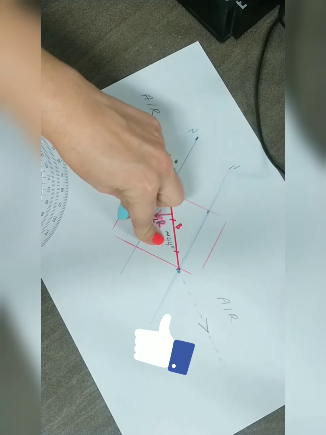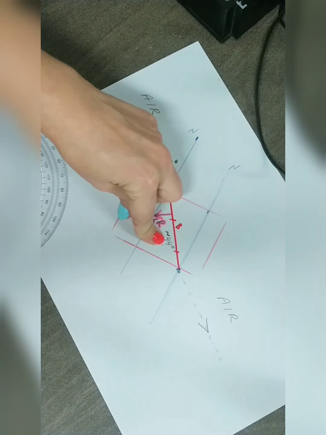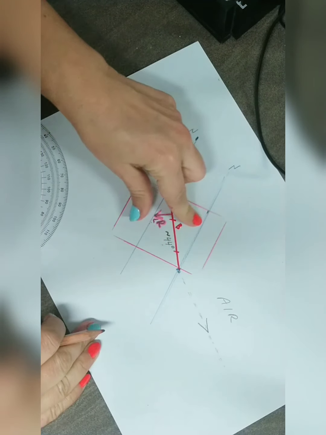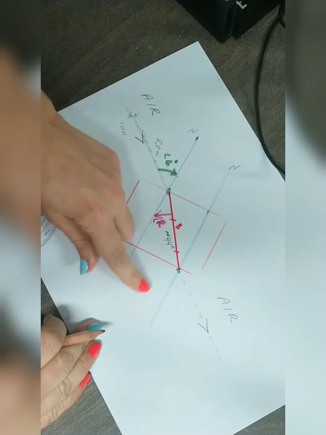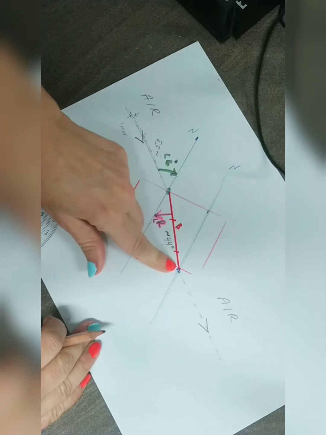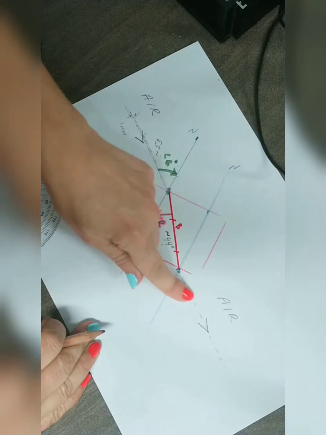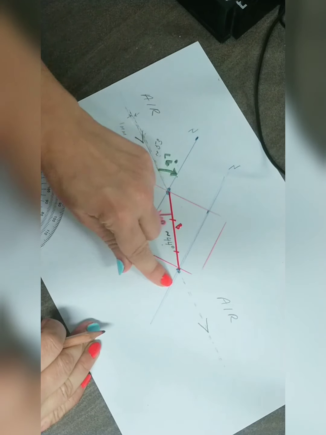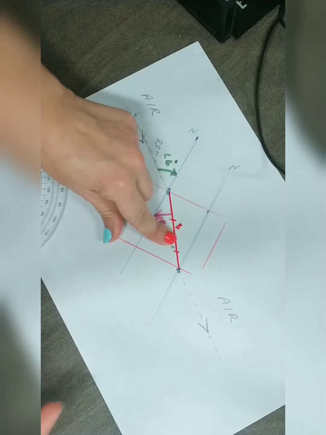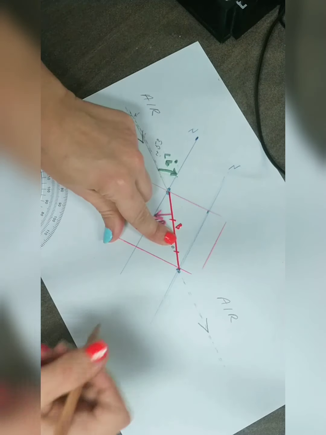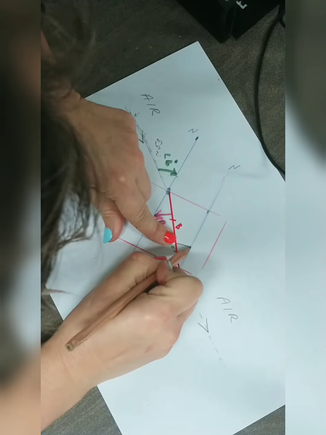So where would be that angle? So the normal line is here and the bent ray is here. So this ray is coming out. The normal line is here. So the angle of incidence would be here.